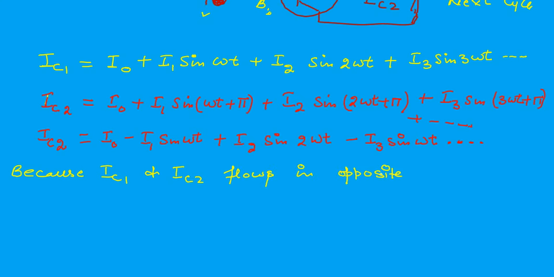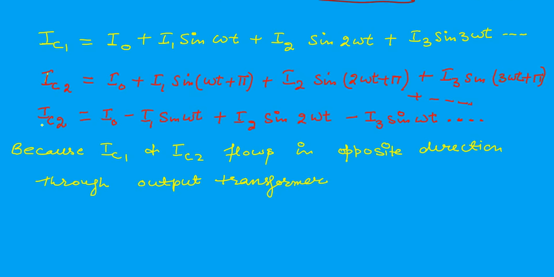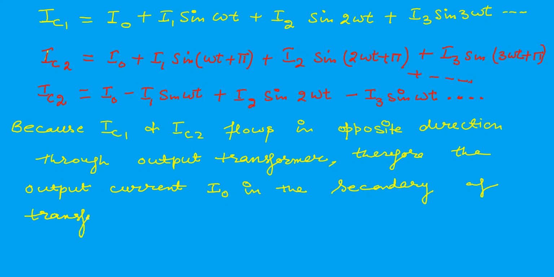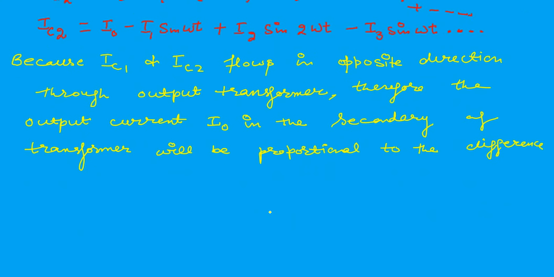Because IC1 and IC2 flow in opposite directions, the output current in the secondary of the output transformer will be proportional to the difference of the two currents. So we have I naught equal to a constant and IC1 minus IC2.